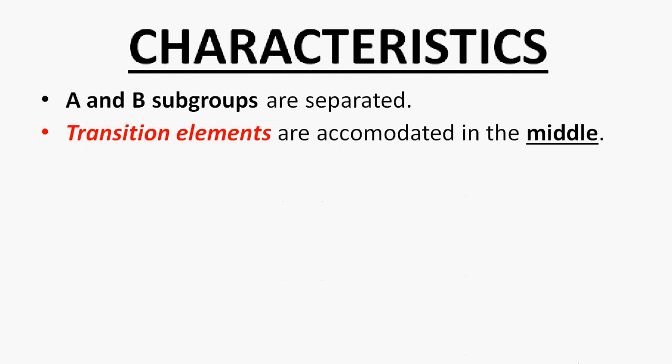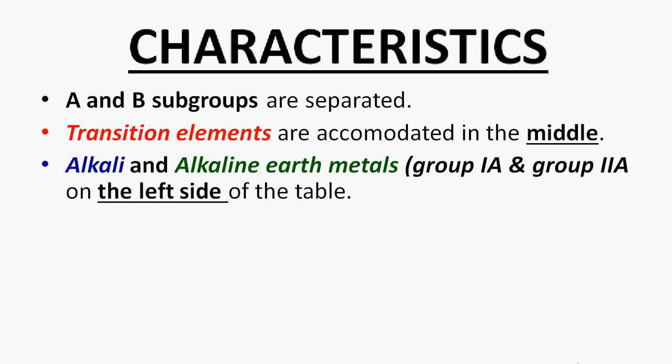Then we will see which elements occupy what place in the periodic table. Transition elements are accommodated in the middle of the table, and the alkali and alkaline earth metals, that is group 1A and group 2A respectively, are placed on the left side of the table.